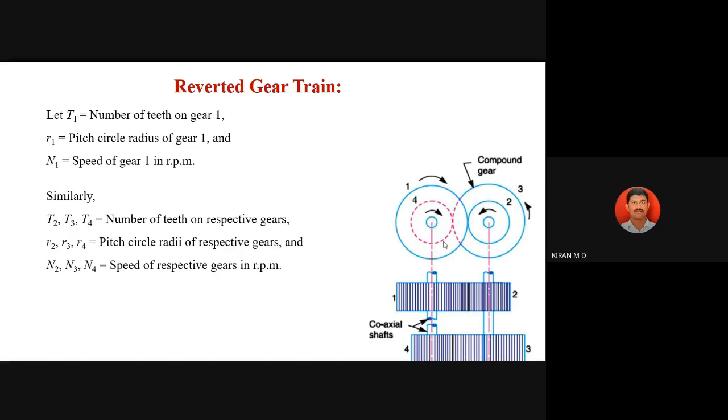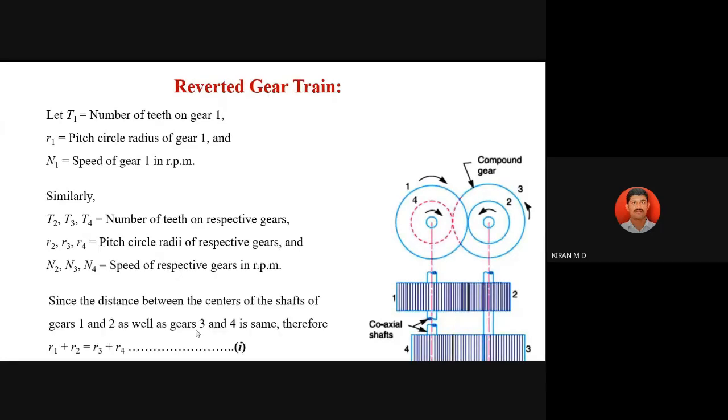Since the distance between the centers of the shafts of gear 1 and 2, as well as gear 3 and gear 4, are the same, therefore R1 plus R2 is equal to R3 plus R4. I am considering that equation 1.